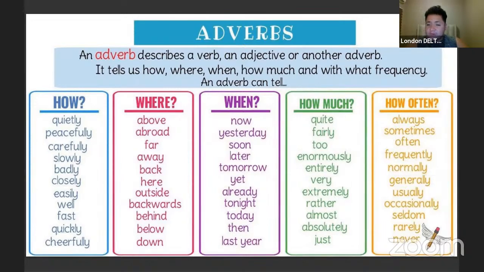And frequency, podemos decir every... I don't know. Always. Okay. Bueno, es un poco raro quizá utilizar todos los adverbios en una misma oración, pero bueno, para recordar para qué es un adverbio, cuáles son los adverbios que hay, etc.